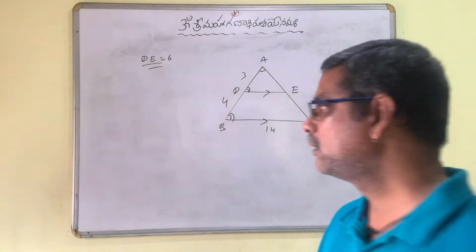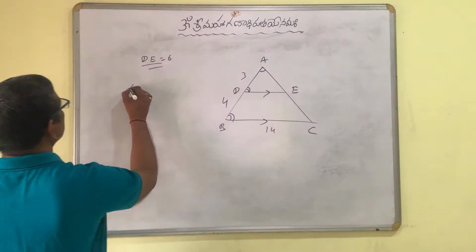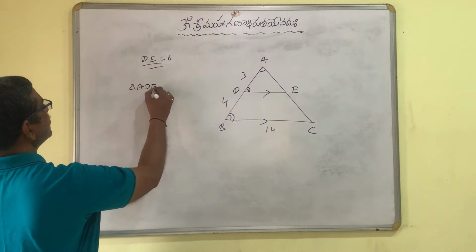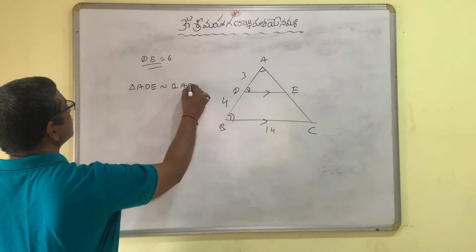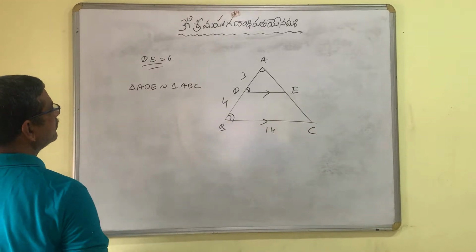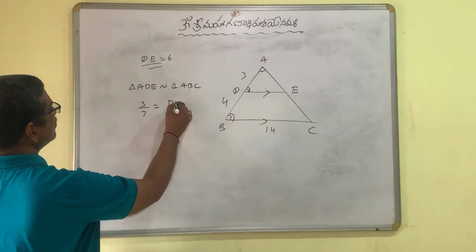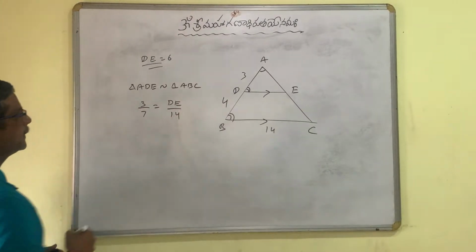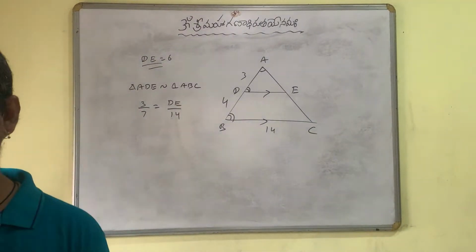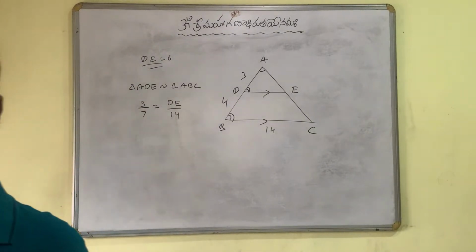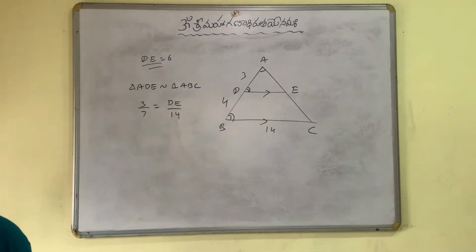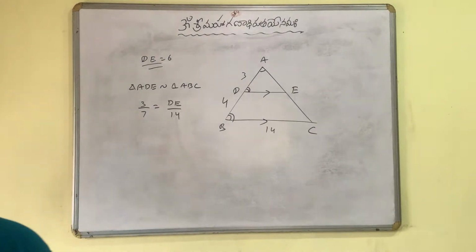So triangle ADE is similar to triangle ABC. That means 3 by 7 is equal to DE by 14. 3 by 7 means AD by AB. AD by AB equals DE by BC.